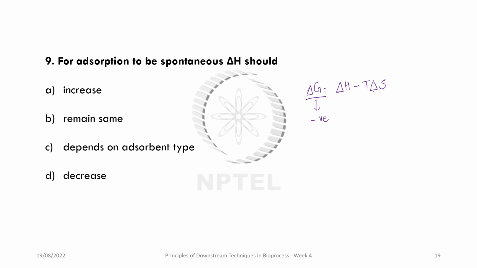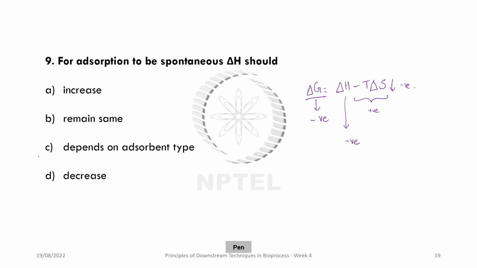We just discussed this, no? So when the adsorption process happens, as it continues, delta S is going to decrease. It is going to become negative. So which means this entire term is positive. Therefore, it falls on delta H to be more negative and drive the process forward. In order to make this spontaneous, delta H has to be more and more negative, which means it is going to decrease.